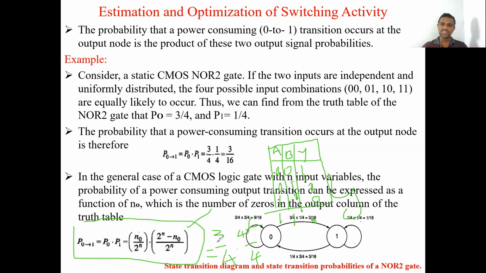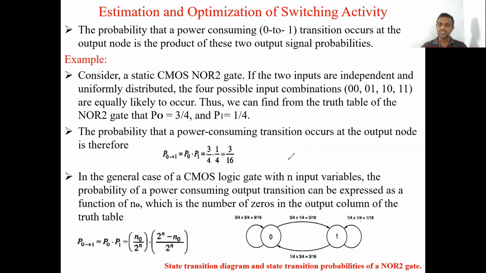So you'll get 3 by 16. Like that, we can apply this equation generally for all the circuits or logic gates we have. So this is the estimation of the probability of power consuming transition in generalized form for n inputs.